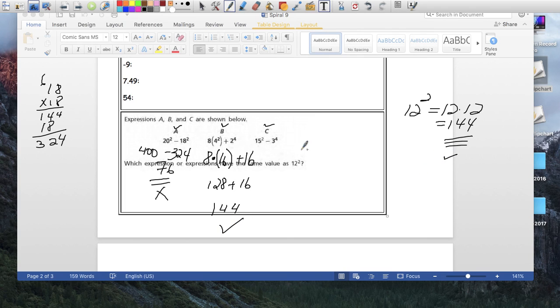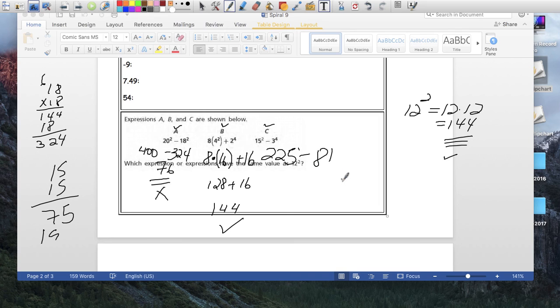Let's try C. 15 to the second power minus 3 to the fourth. 15 times 15, I believe it's 225. Let's just double check. 15 times 15, 5 times 5 is 25, and so on, this 225. So that gives me 225 minus 3 to the 4th power, which is 3, 9, 27, 81.